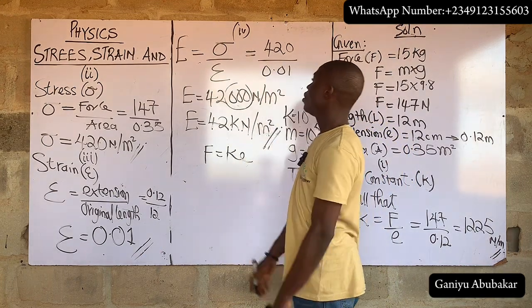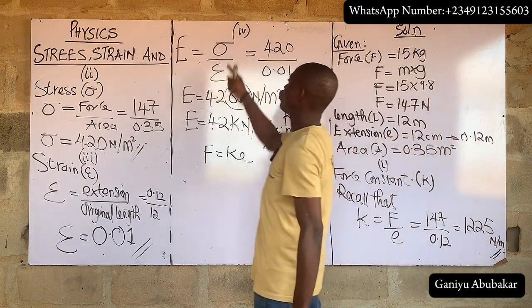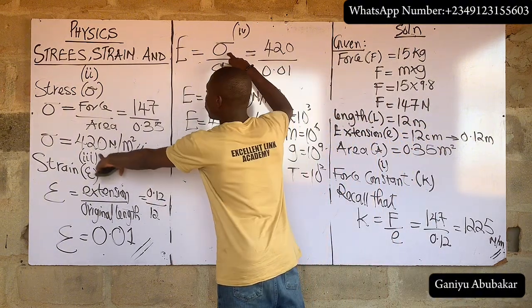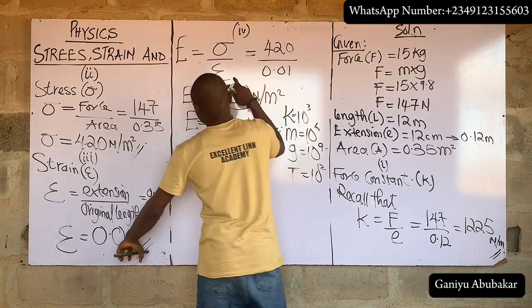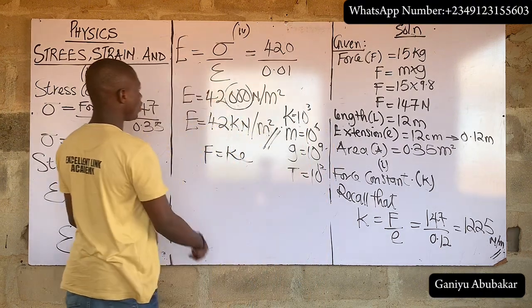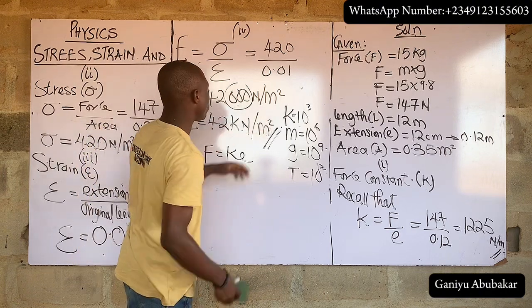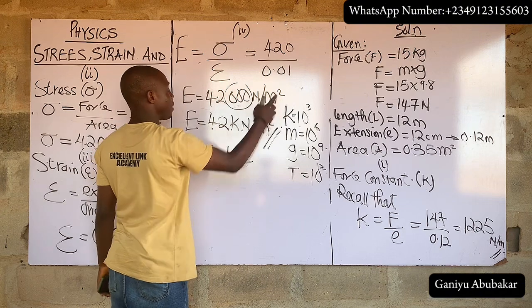The last one says calculate Young's modulus. And that's stress over strain, as discussed earlier. What's your stress? Stress is 420 over strain, that's 0.01. Divide these two, I'll have this as my answer. Mind you, I have 42000 Newton per meter squared as my answer.